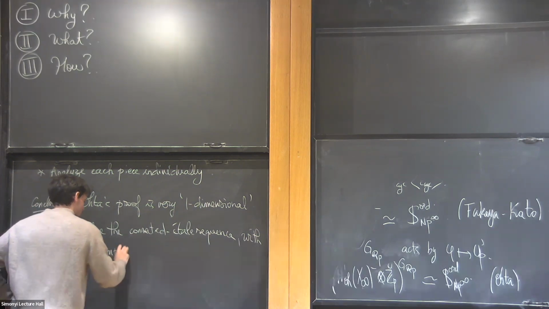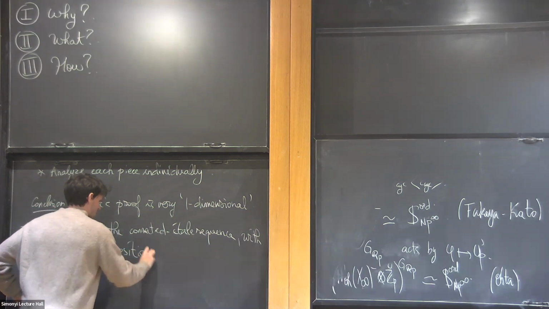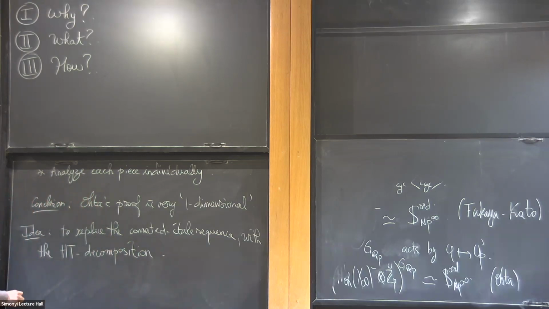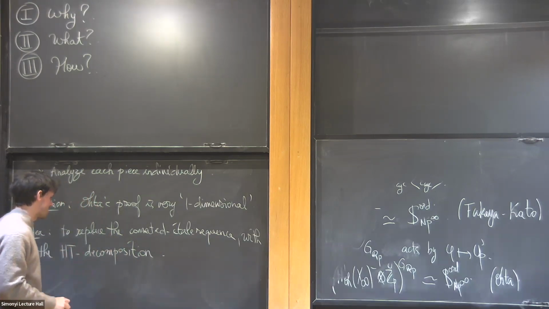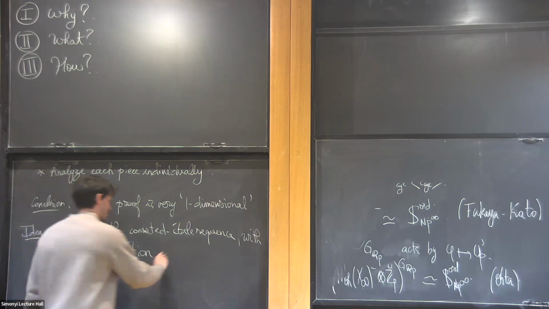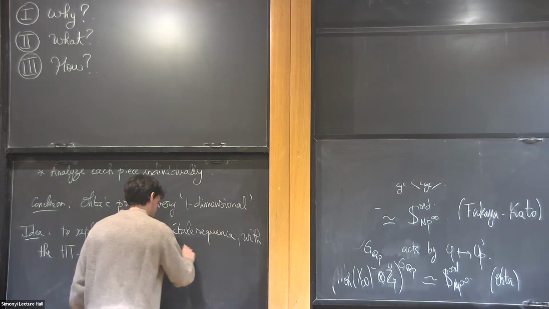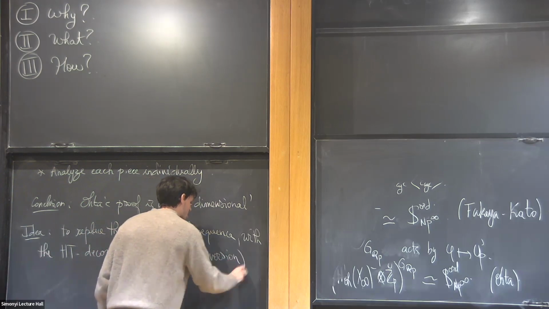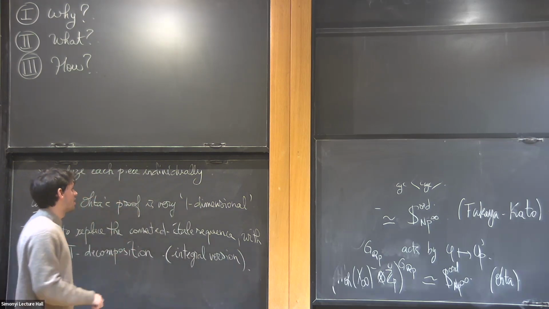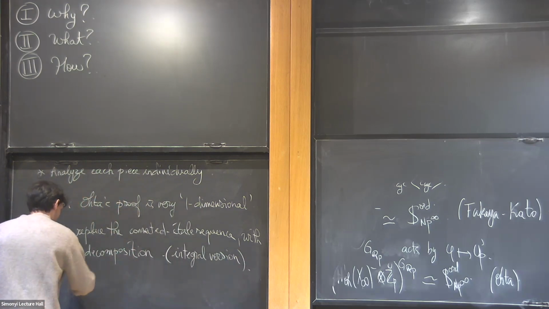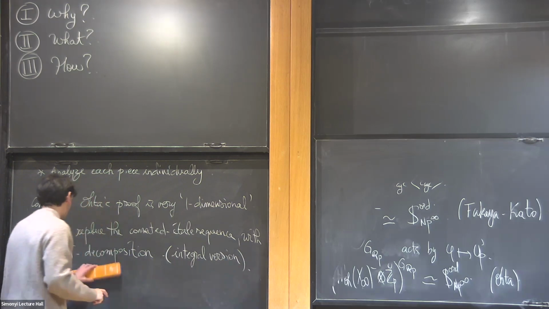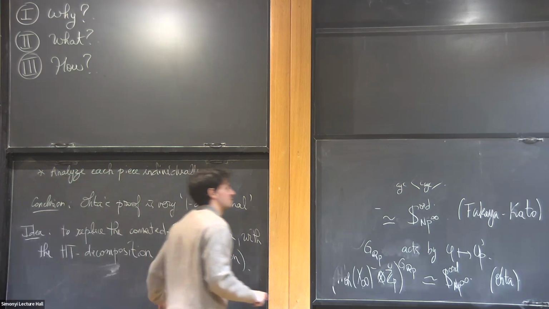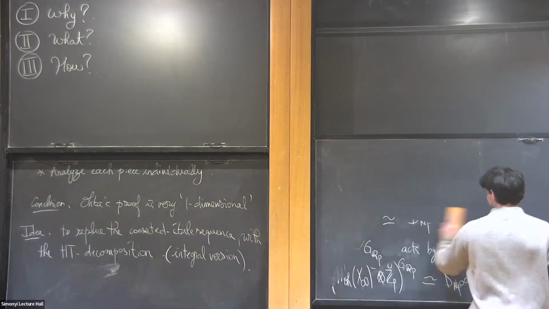But of course, the Hodge-Tate decomposition is something that, until recently, you had to invert p for. And so we want to use an integral version of the Hodge-Tate decomposition of the etale cohomology, the middle degree etale cohomology of some Shimura variety.